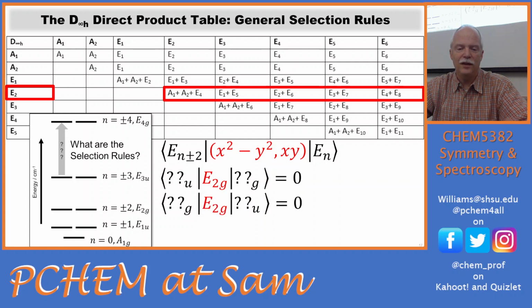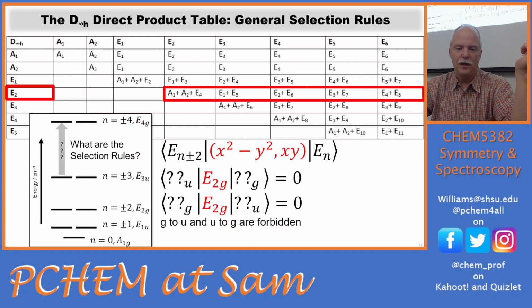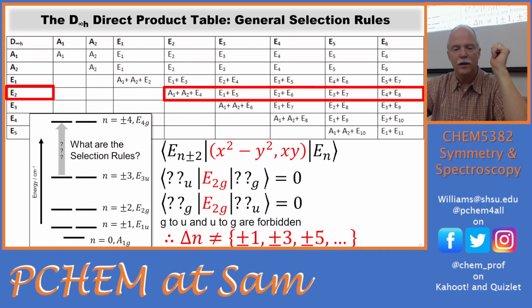Also, if we have the opposite case where the lower state is U and the upper state is G, that's going to be equal to 0. And so G to U and U to G are forbidden. And so we know that the selection rules are not 1, 3, 5, 7, 9.